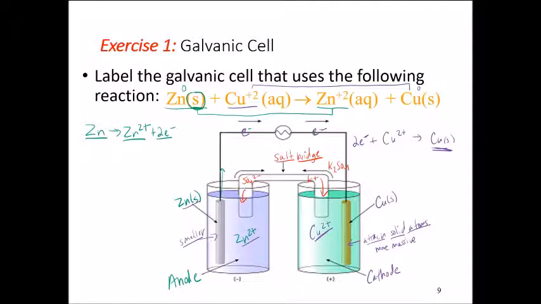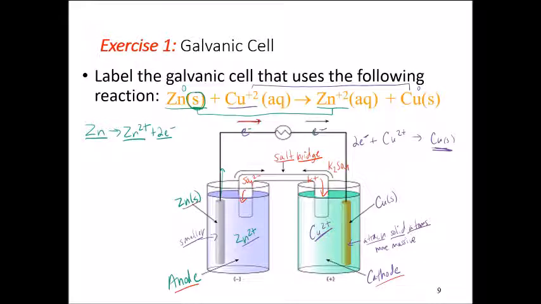How do you know which compartment is the anode? Well, here we're looking at the electron flow, because we had to label this from scratch. We were looking at the electrons going this direction. So we knew this side, it always flows from anode to cathode, like so.